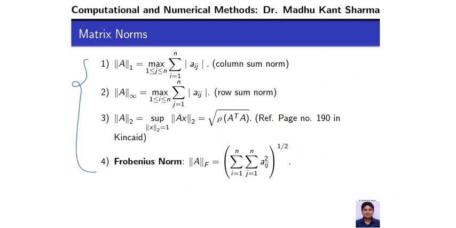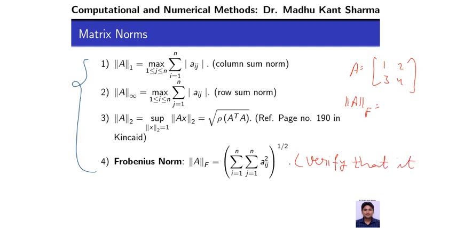So if I have the matrix A, let's say again 1 2 3 4, for this the Frobenius norm, of course you need to verify that it is a norm. Okay, it is a norm.